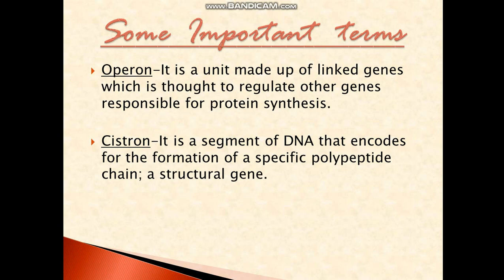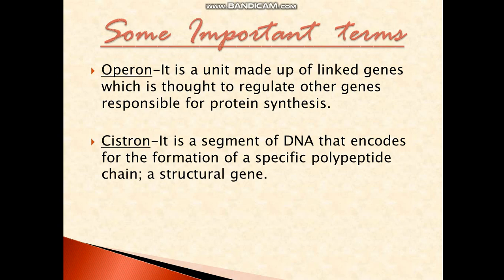The wobble hypothesis was given by Crick, and it says that a single transfer RNA can recognize more than one codon, because more than one codon codes for the same amino acid. So even if there is a slight change due to mutation in the codons, there is no change in the amino acid.